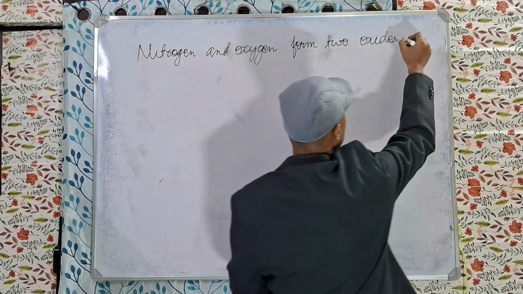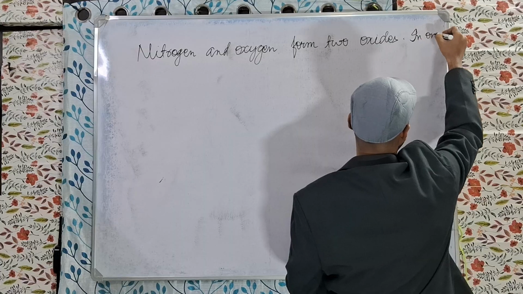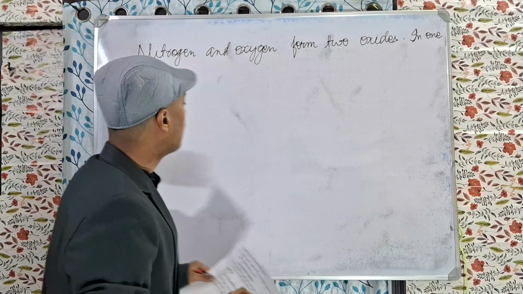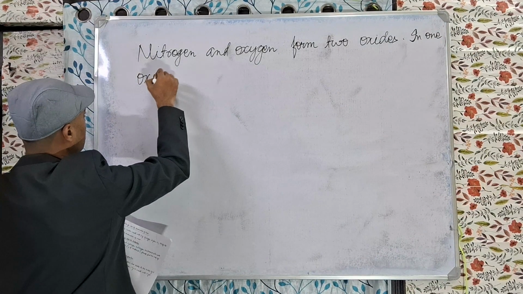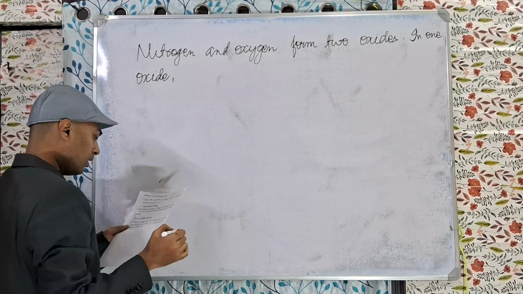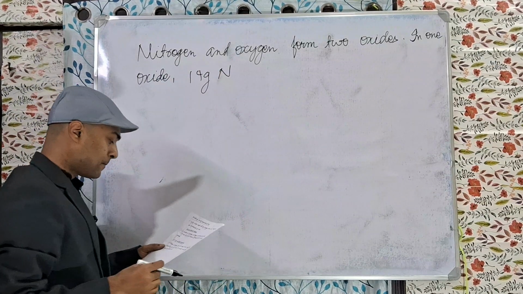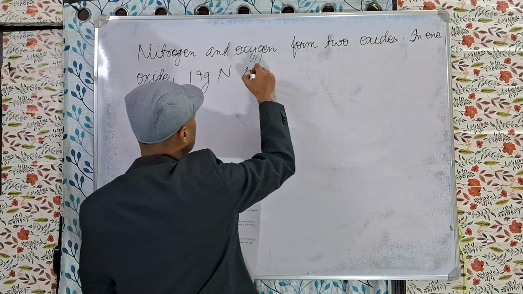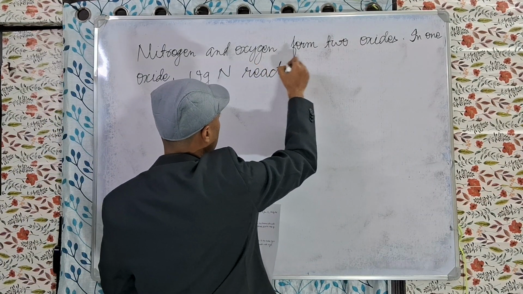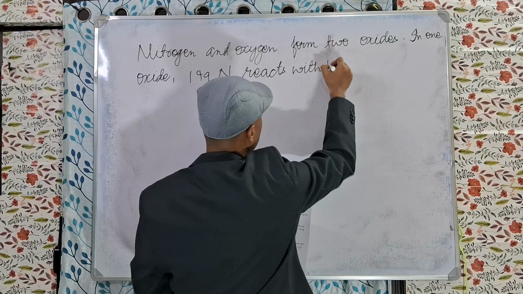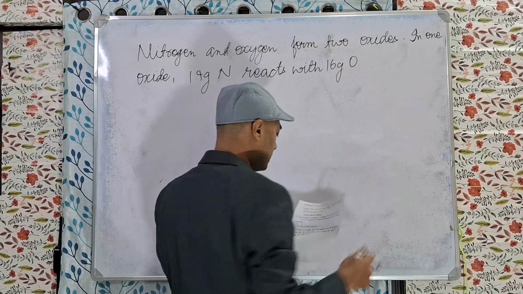In one oxide, 14 gram nitrogen reacts with 16 gram oxygen.